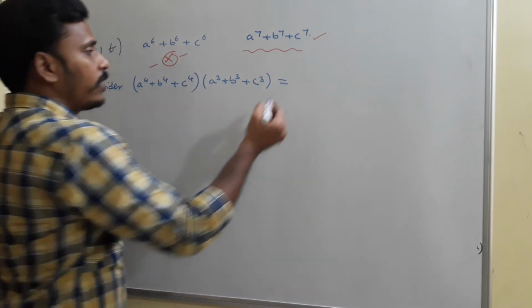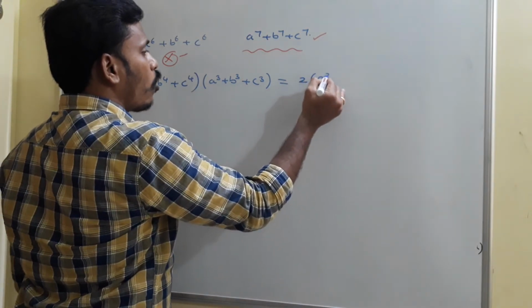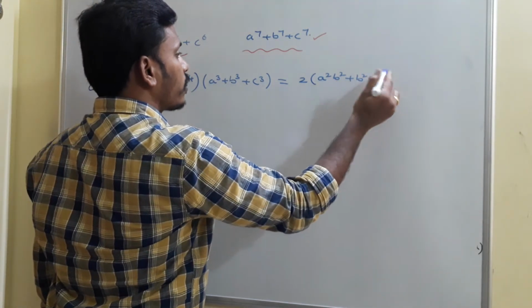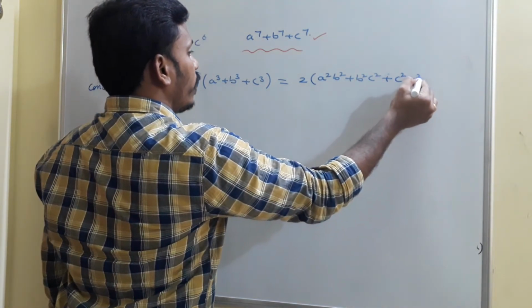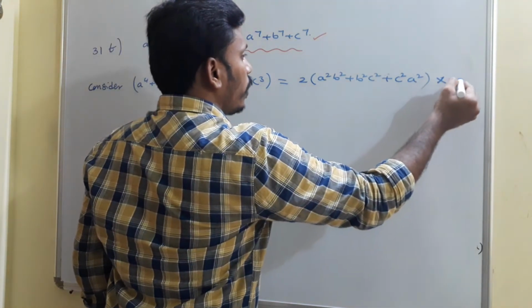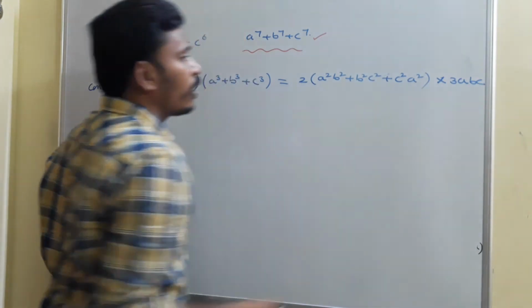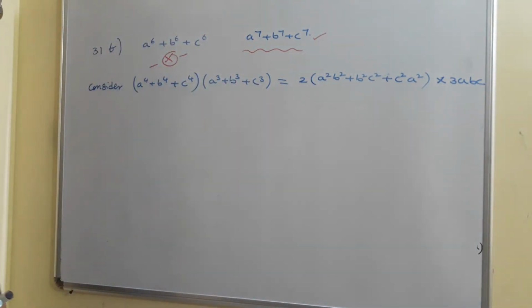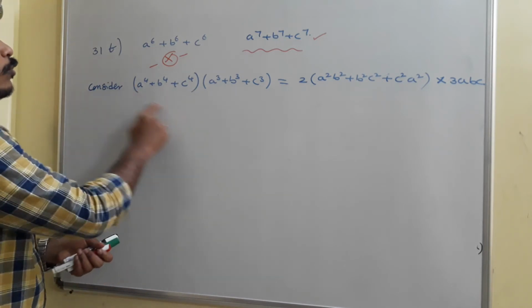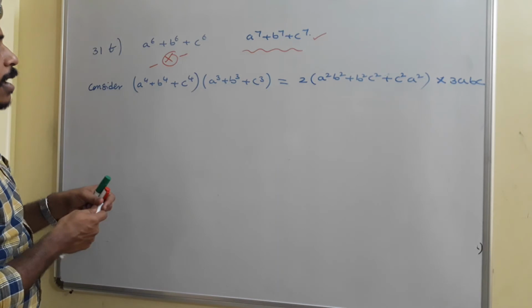As we simplified, that is nothing but 2 times a square b square plus b square c square plus c square a square. We discussed it earlier: a cube plus b cube plus c cube is 3abc if a plus b plus c is equal to 0. Then, as we discussed in the previous case, you need to multiply everything. Directly I am writing here.